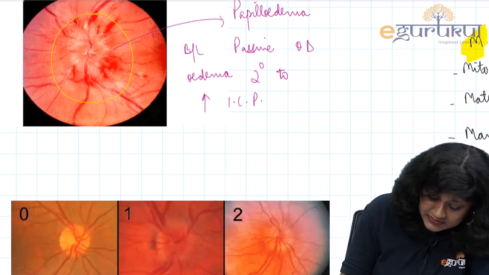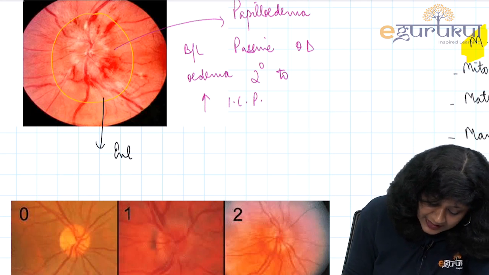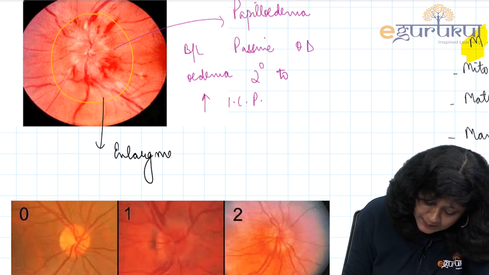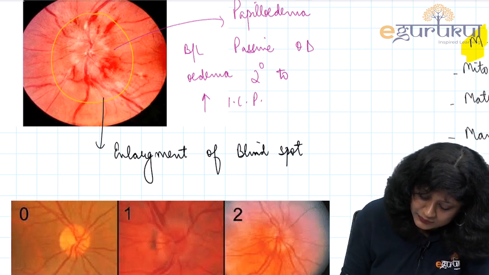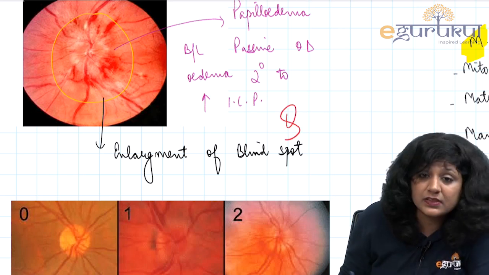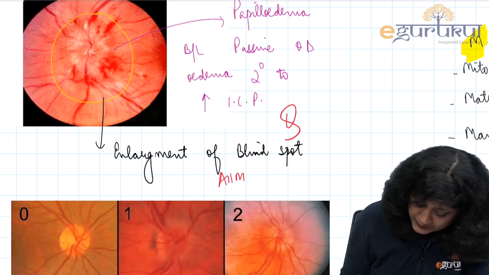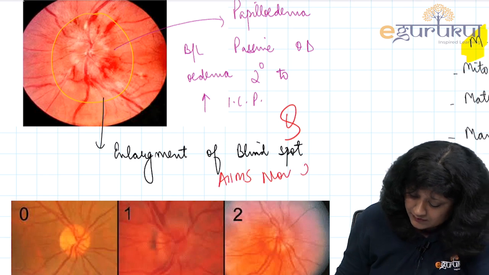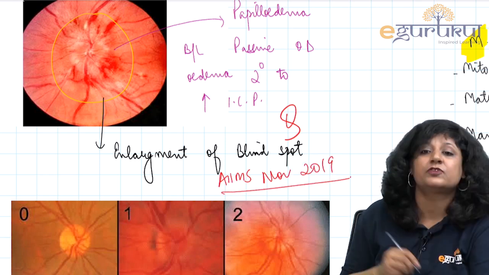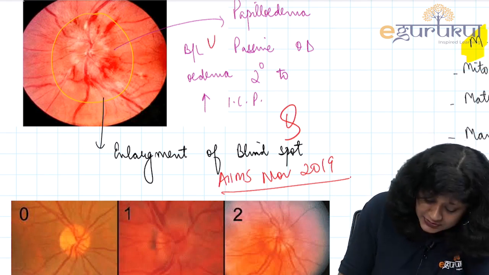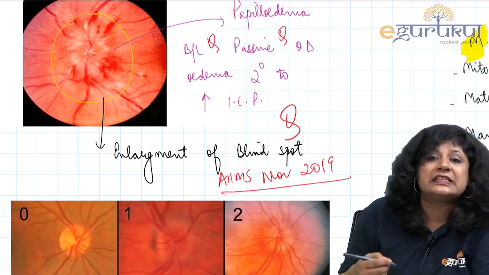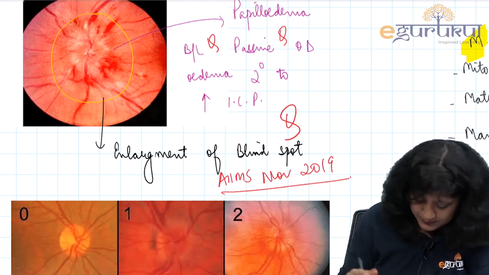That is why it is an important cause for the enlargement of the blind spot. This is an important question that was asked in AIIMS November 2019, that it is one of the causes for the enlargement of the blind spot, and it's a bilateral condition, a passive condition secondary to the raised intracranial pressure.